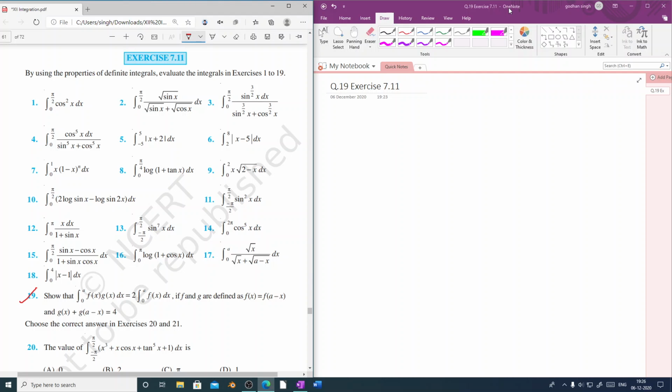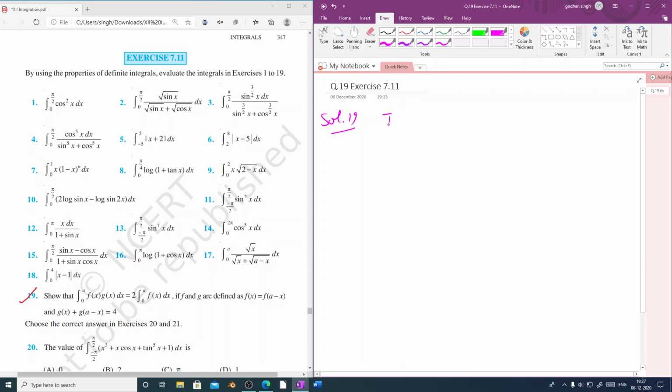Question number 19, exercise 7.11. So solving the 19th one, I equal to integration of 0 to a f(x) g(x) dx, and suppose this is 1.